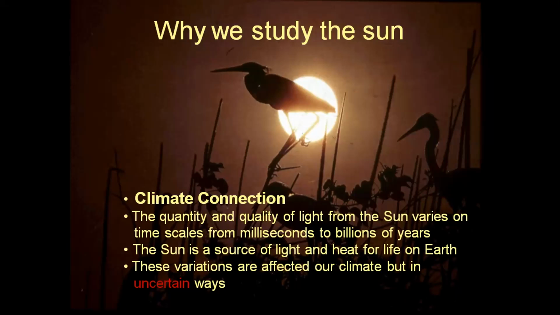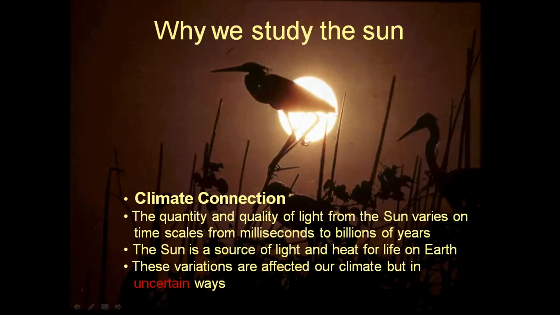But apart from that, there are some activities that sometimes influence the Earth system, that means the Earth-sun environment, which is affected by solar activity. That is what we learn as the climatic connection.